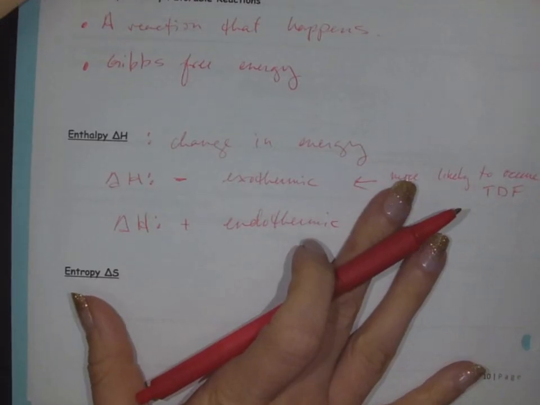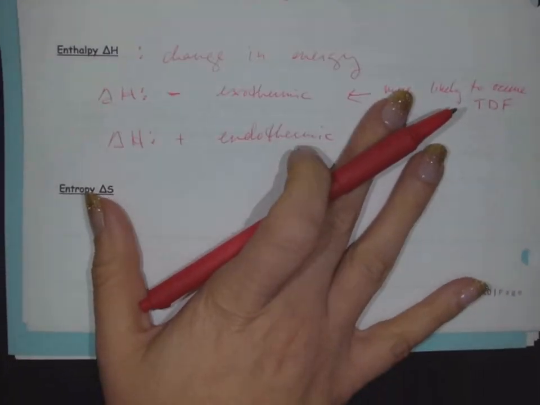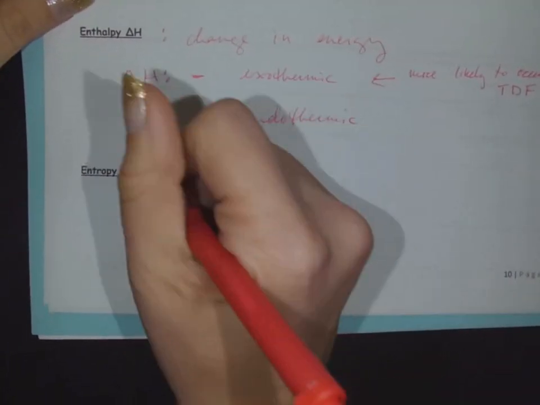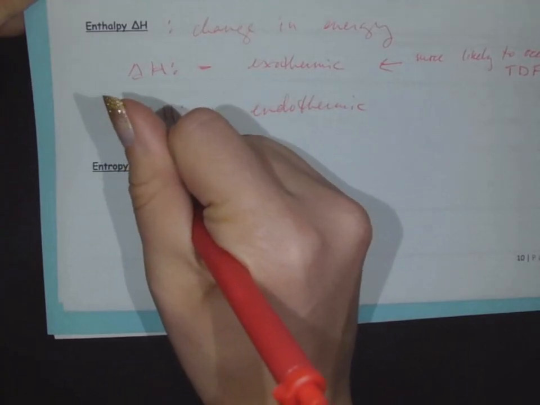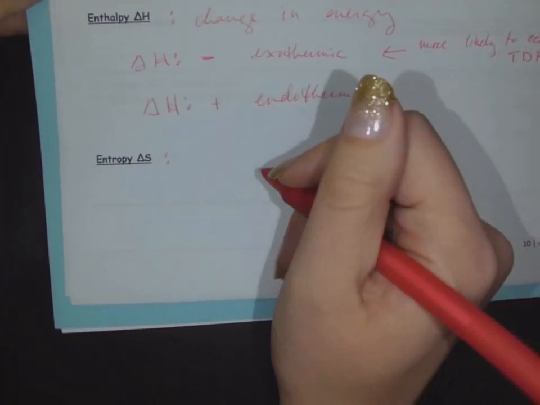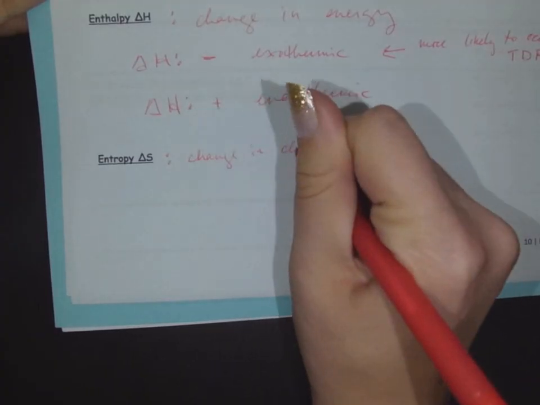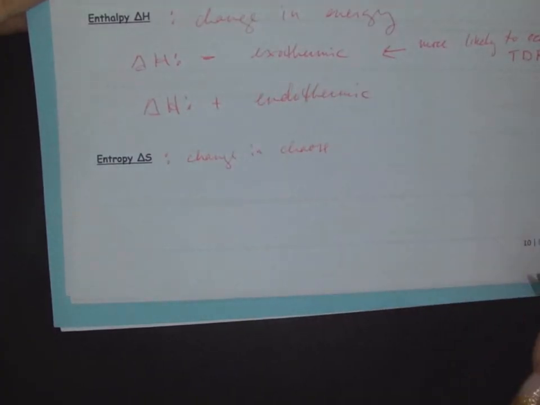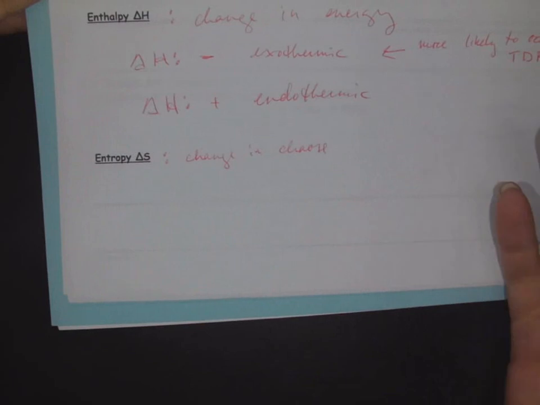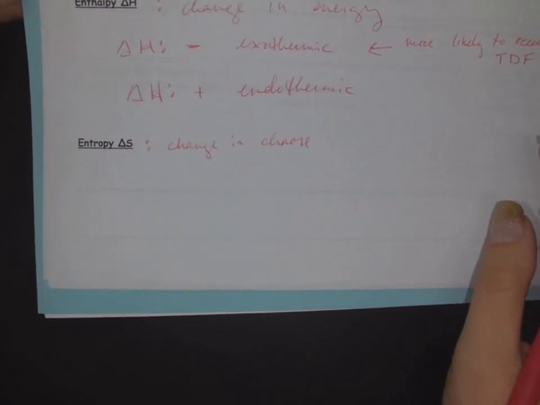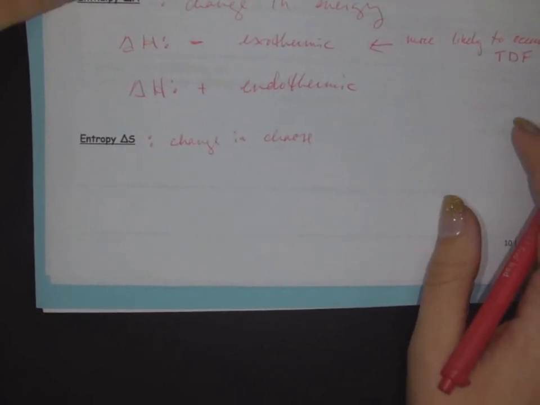Now, on to entropy. Entropy, we talked about it today, and it was our measure of chaos, right? So delta S would be a change in that chaos. Order. Did it increase in order? Did it decrease in order? And that's our entropy.